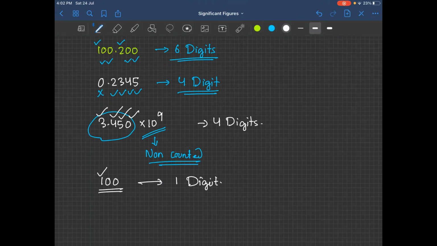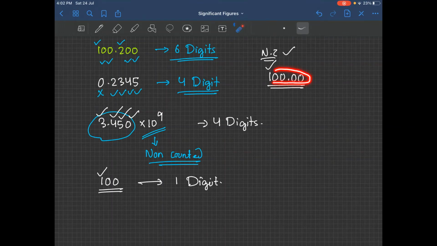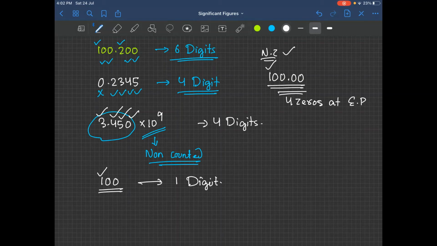Now let's say we write 100 as 100.00. If we write it like this, then think, this one is a non-zero number, hence it is significant. Now we have 4 zeros at the extreme right position.